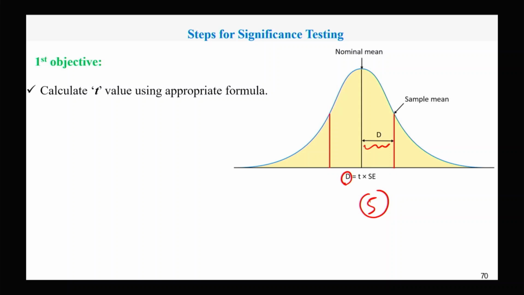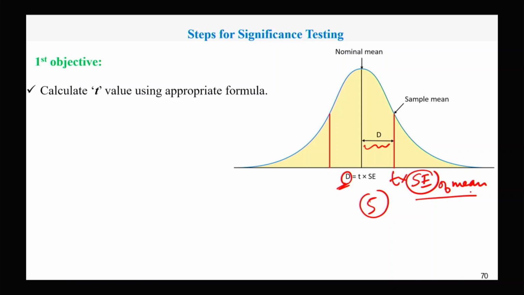A reference value of this variability, this D, is not available, because it depends on the type of population, on the variability of the population. And what is this D? D is T times the standard error of the mean, or standard deviation, whatever.